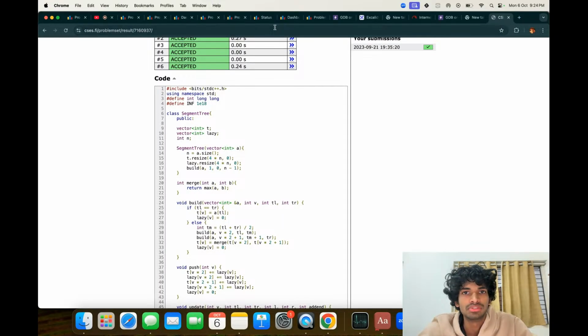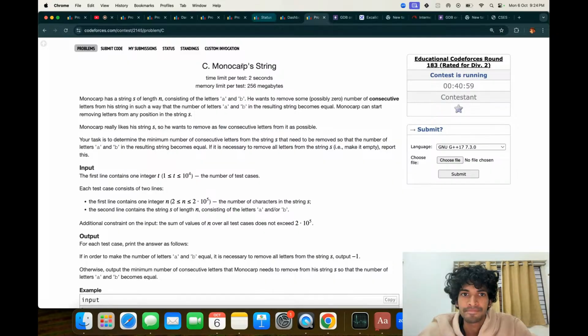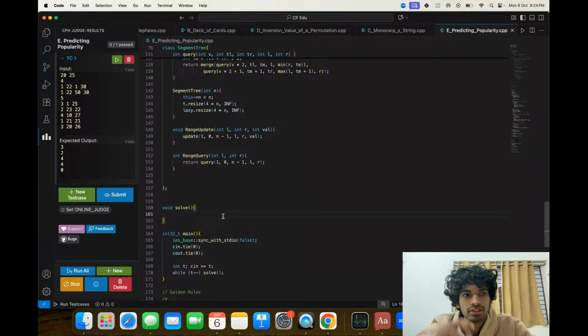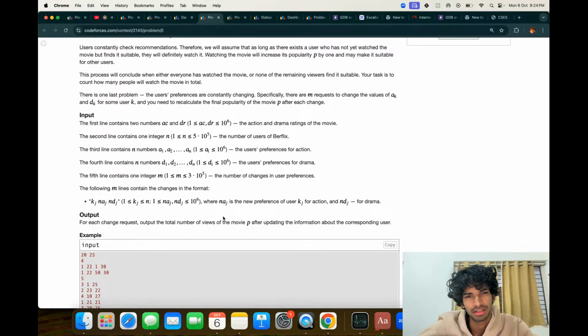We have distinct values, right? And distinct values are within 1 to n. Wait a minute. Is it n to 10? Some n to 10 thing is also possible, but if a segment tree works, let's use a segment tree. Maybe some n to 10 is possible, but I don't know.